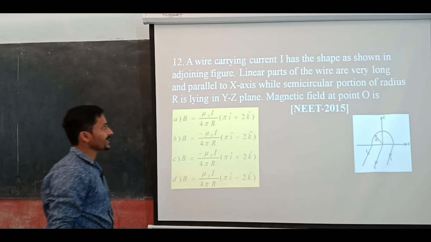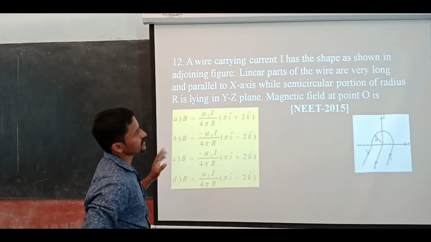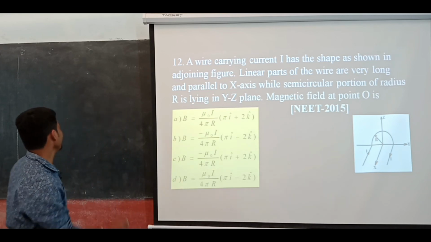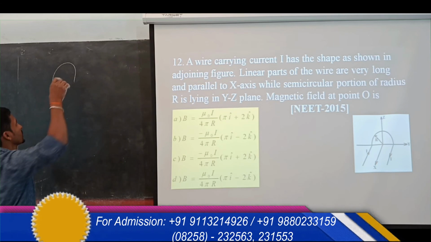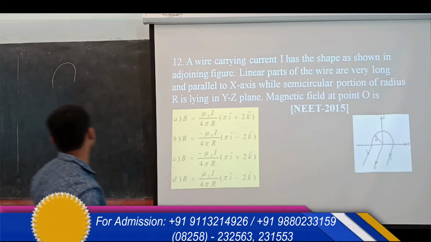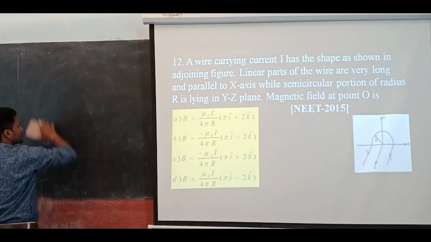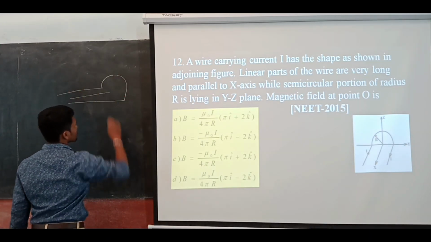A wire carrying a current I has the shape as shown in the figure. Means one part is on the board like this, the remaining is towards you. So you have to visualize that. It is in this way and it is moving in this way.